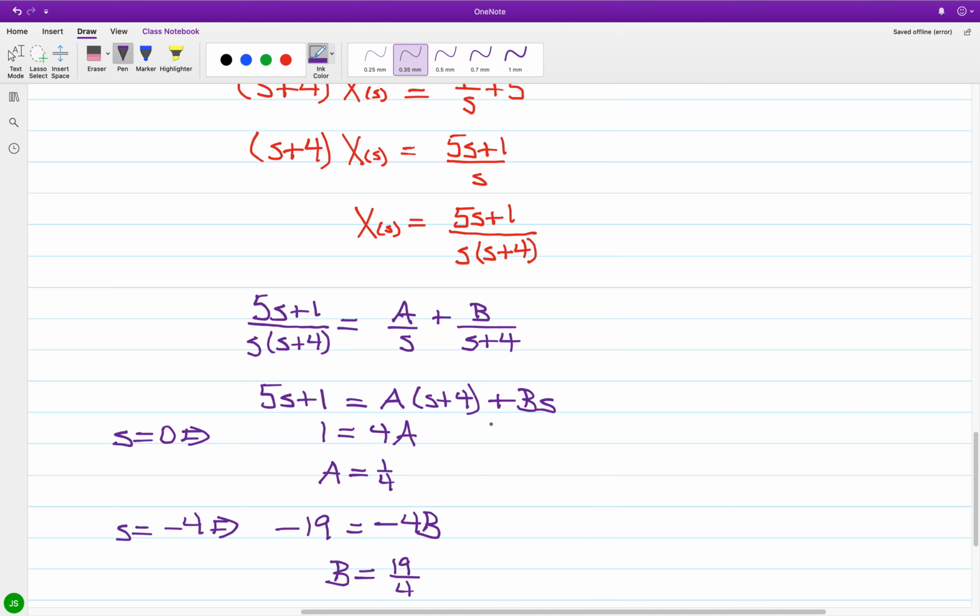And so for the partial fraction decomposition, with A over s, I have 1/4 of 1 over s, and with B at 19/4, 19/4 of the reciprocal of s plus 4.